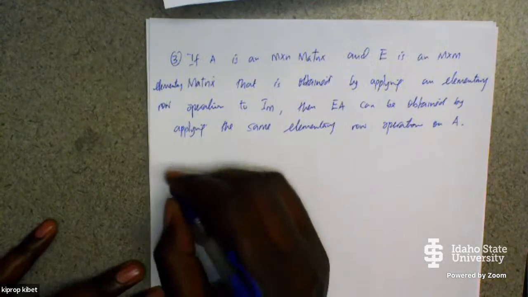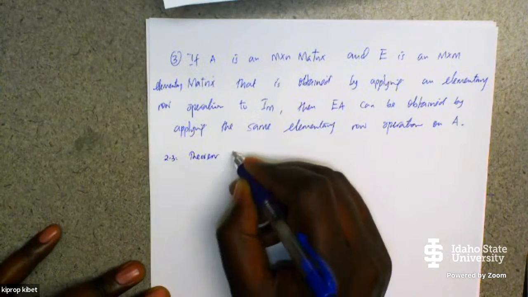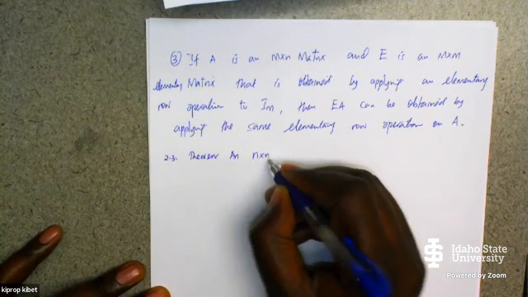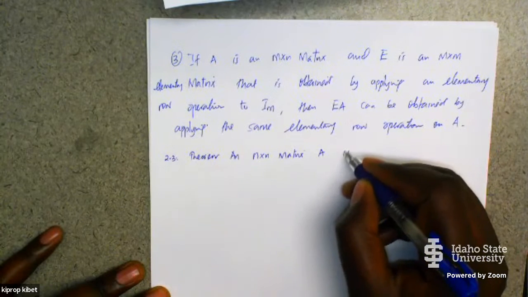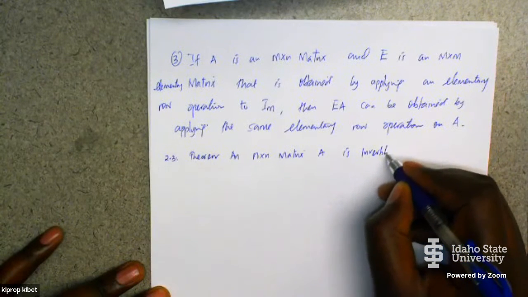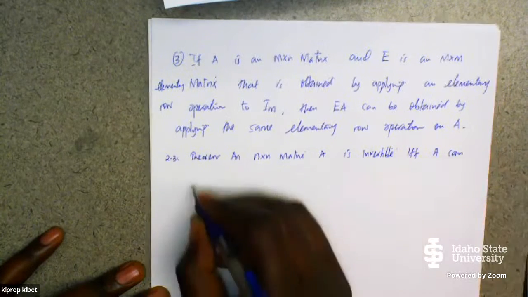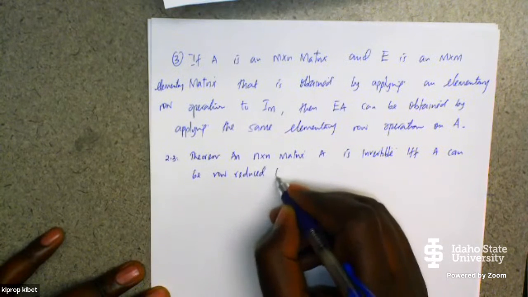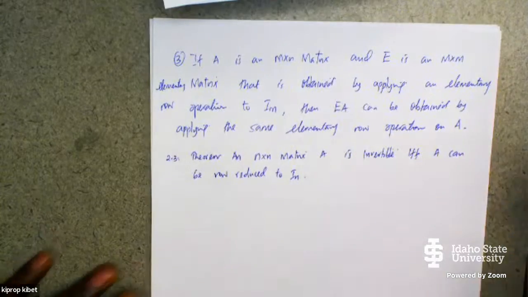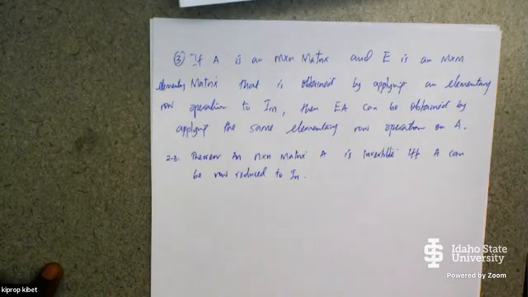Theorem: an n by n matrix A is invertible if and only if A can be row reduced to I. This is just like a theorem that we just wrote about, but here we use the elementary row operations.